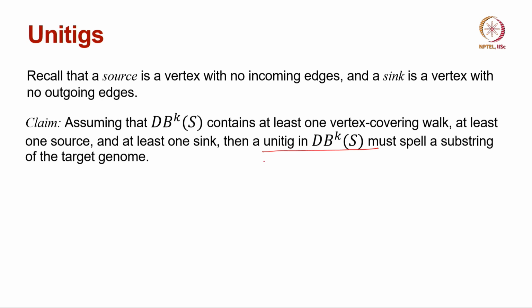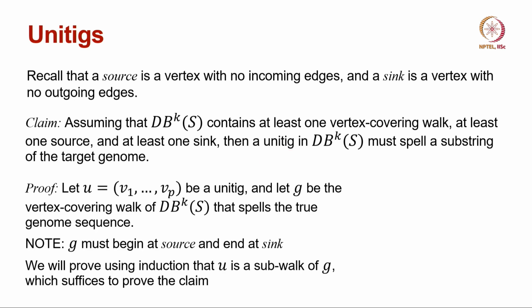So, what we want to claim is that these unitigs are safe and there is no ambiguity here, and the user can trust this output from the program. How do we prove this claim? Well, the proof is as follows.